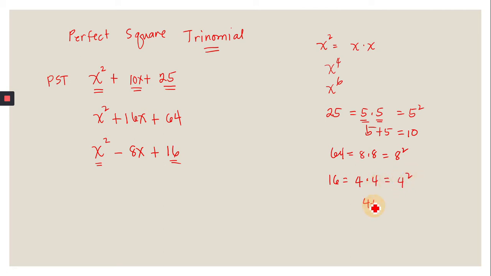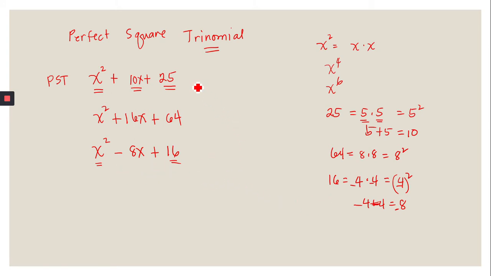And 4 plus 4 is equal to 8, right? Since this is negative, that becomes negative times negative, still gives you a positive answer, which is positive 16, right? And negative 4 plus negative 4 is negative 8. Alright, let me correct this one. Okay, so that is a perfect square trinomial.